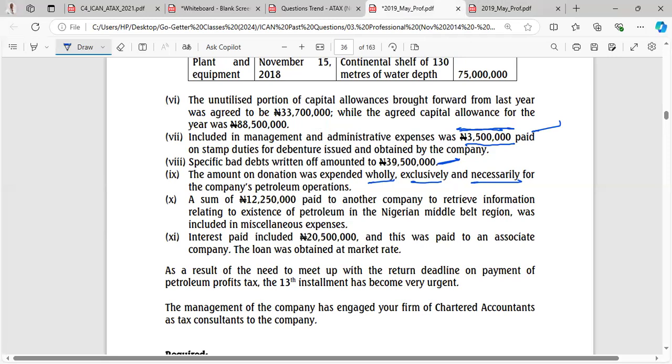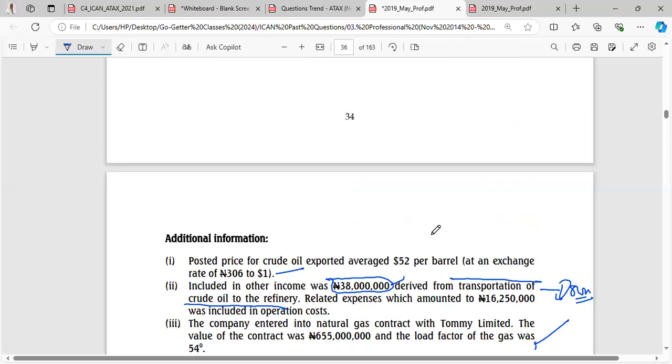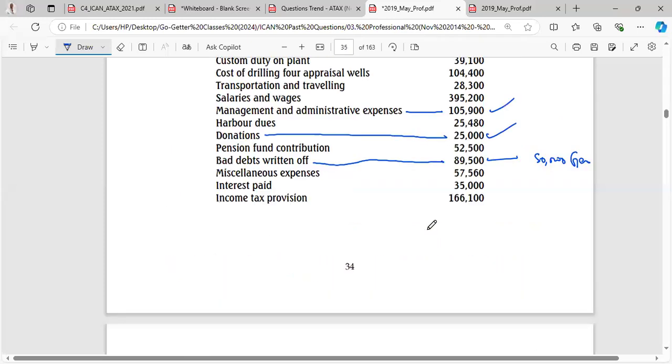So we are going to disallow this. Now, even though the word miscellaneous is here, it's assumed here from this question that it is verifiable that it is part of petroleum activities. Normally, in practice, once you put miscellaneous expenses, you need to justify it, otherwise they'll remove it.